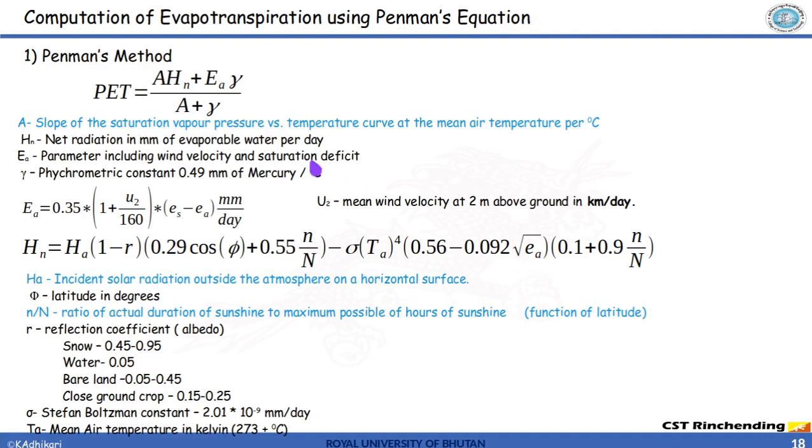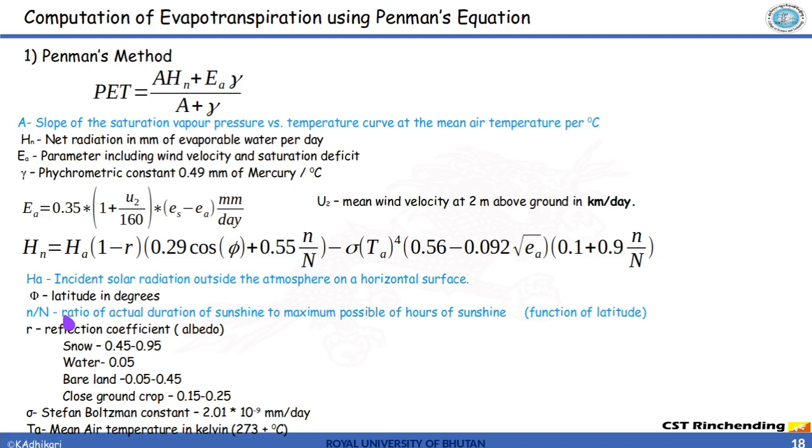You also might have noticed that I have highlighted certain parameters with blue color. These are the parameters which we have to retrieve the value of based on latitude from the standard table. Ha we are going to get from the table, and N, the maximum amount of sunshine hours in a particular latitude, we are also going to get from a table.